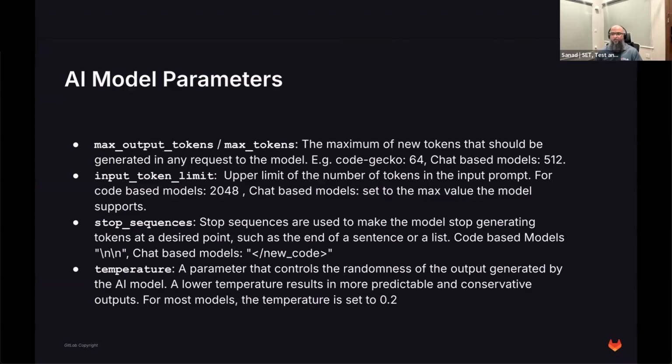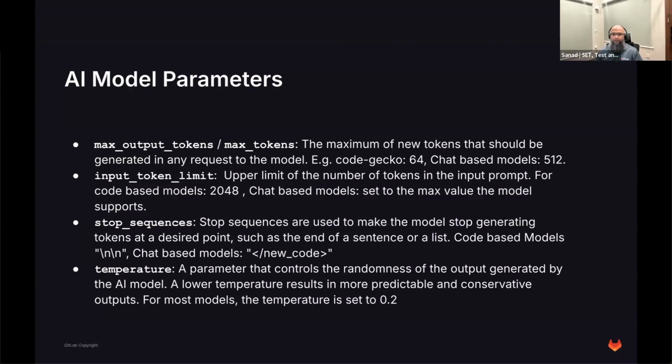Some notable parameters: max output tokens, or max tokens, is the maximum number of new tokens that should be generated in any request to the model. For code-based models, such as CodeGecko, this value is set to 64, and for chat-based models, it is set to 512. There's an upper limit on code-based models.